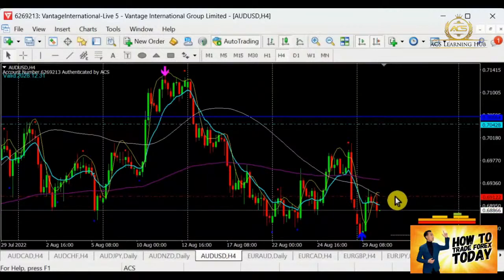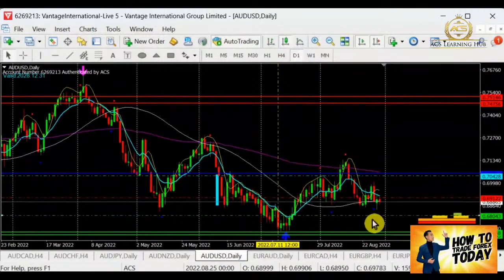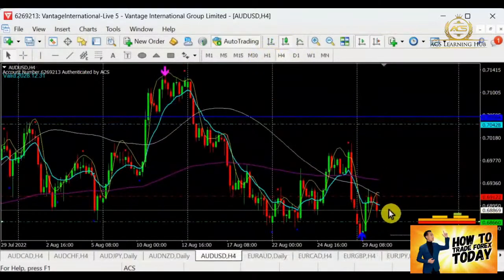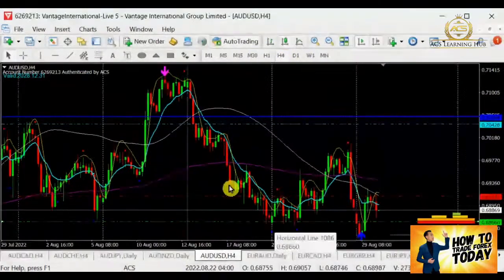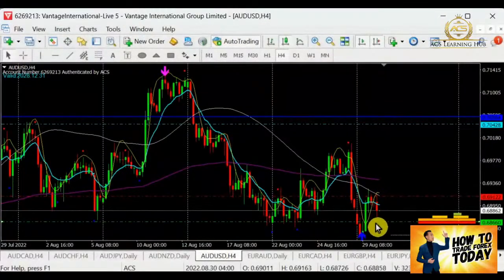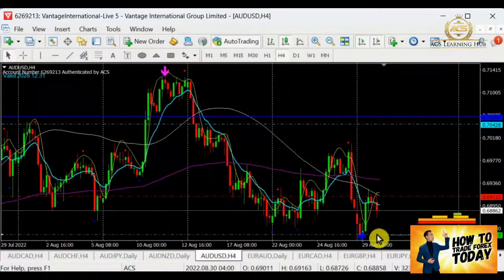Over here, I can see that there's one resistance, and we are pretty near the support level. You can see the support all the way until here, but I will say don't look at this support. I will be looking at the support below here, so that will be much more accurate.